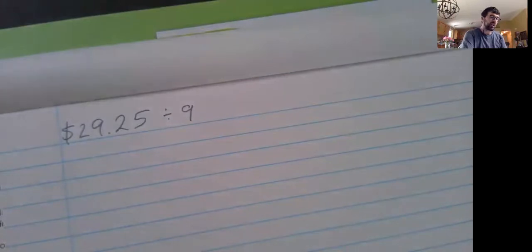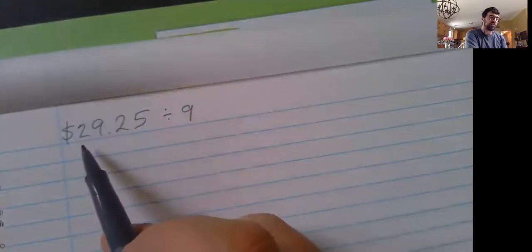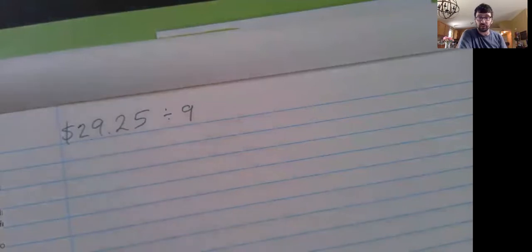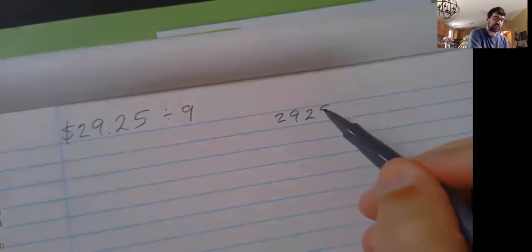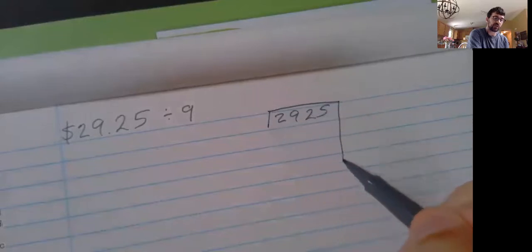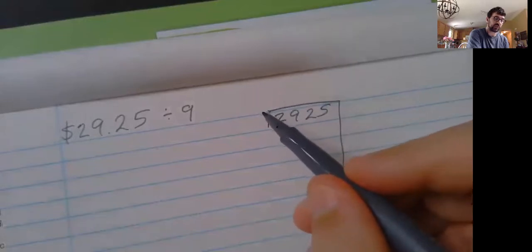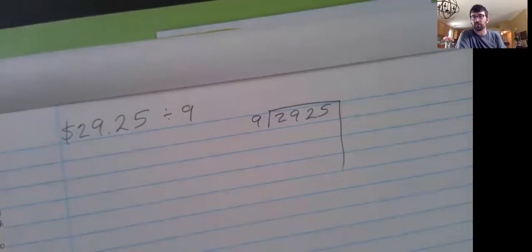We could look at this as 2,925 hundredths divided by 9, or 2,925 pennies, because this is money we're dealing with here. We can divide that by 9. That would totally work. We could also use our big 7 strategy and divide 2,925 by 9, and that would work. That's one way to get it.